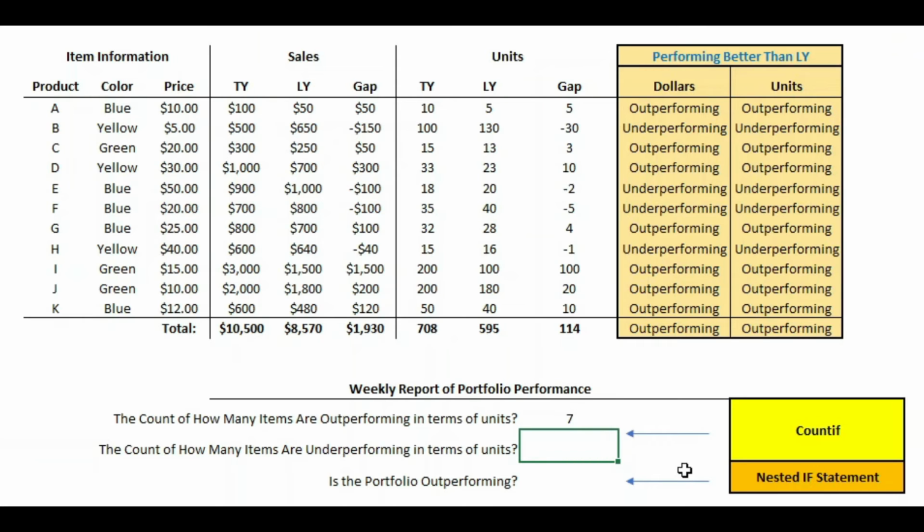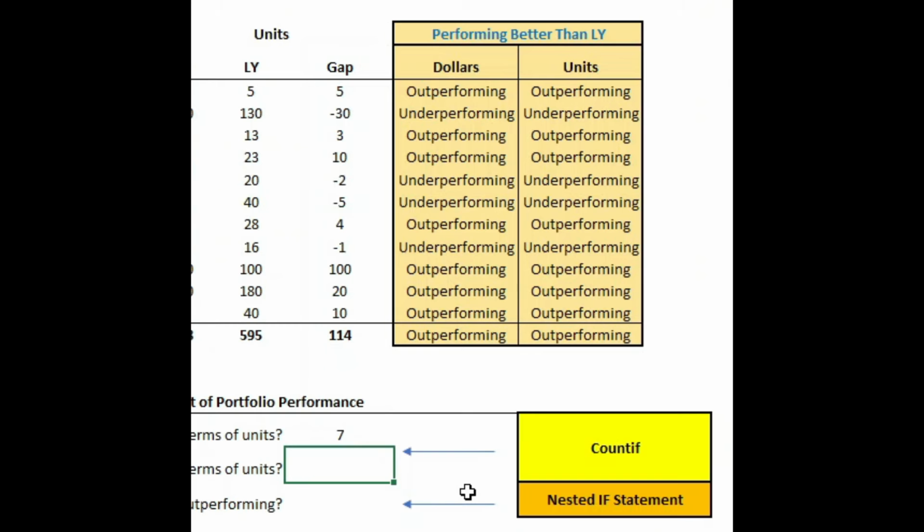Now our next one is the count of how many items are underperforming in terms of units. So again, we go equals Countif, parentheses, go back up here again, it's our range, F4, best practice, lock down the range, comma, quotes, and we want to put underperforming, quotes, parentheses, enter.